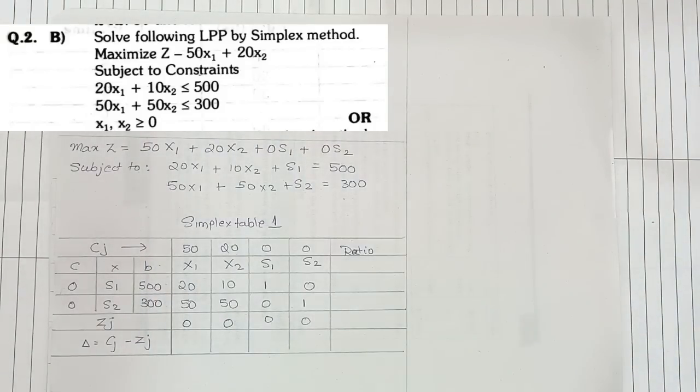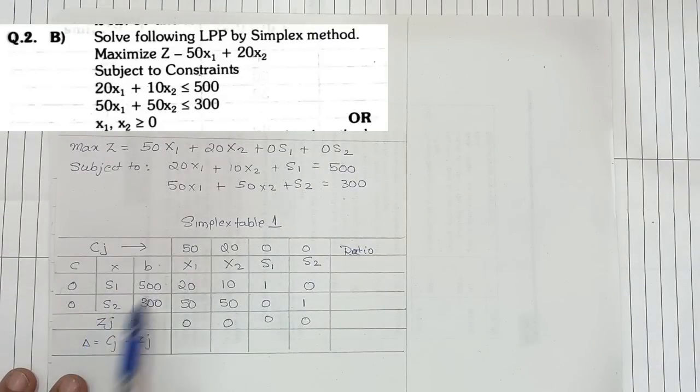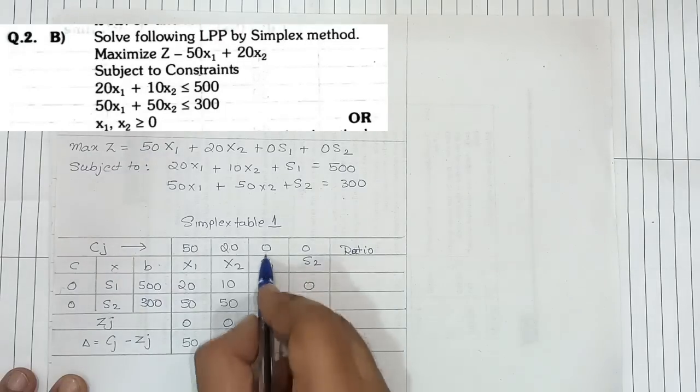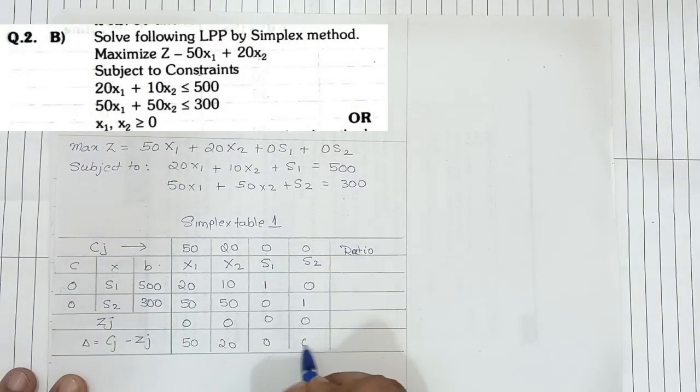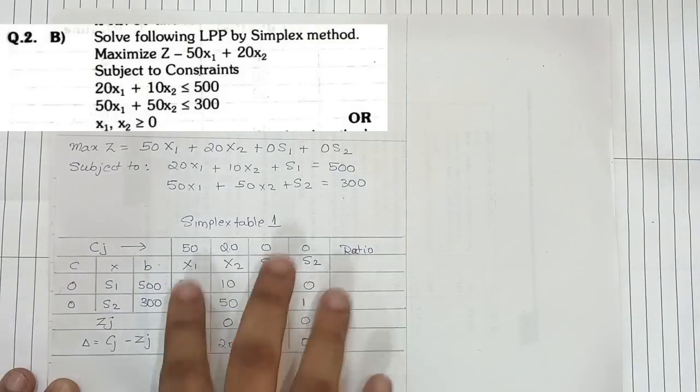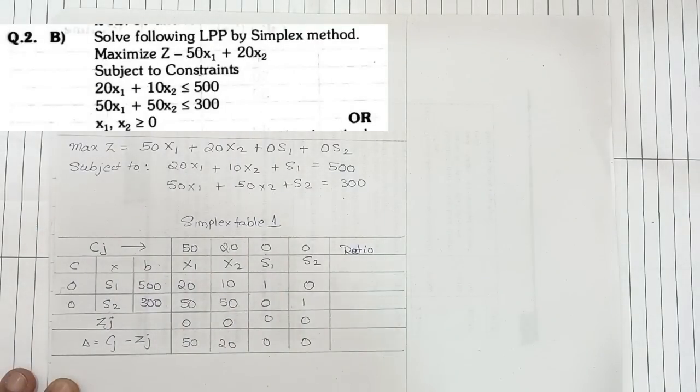So we filled that up. Now we need to find the next thing, change, which is Cj minus Zj. So 50 minus 0 is 50. 20 minus 0 is 20. 0 minus 0 is 0. 0 minus 0 is 0. Now see how this is very important. Once you have done with this table, now comes the actual careful part which you'll have to remember: how to solve this further.